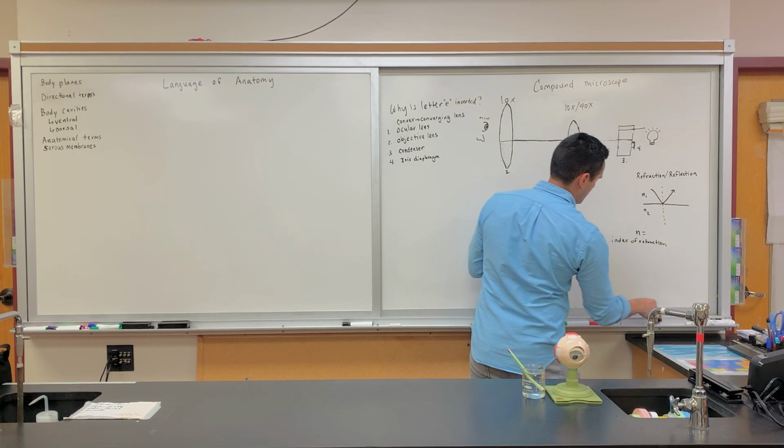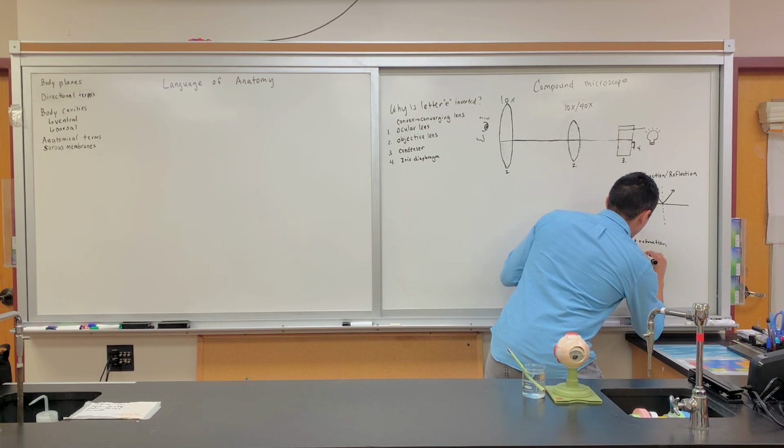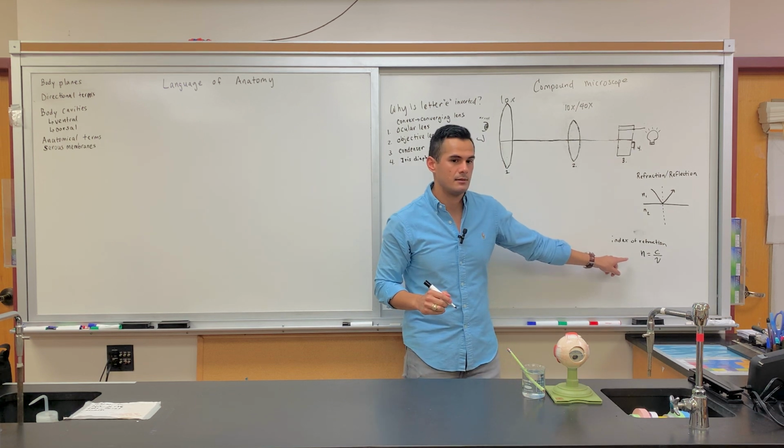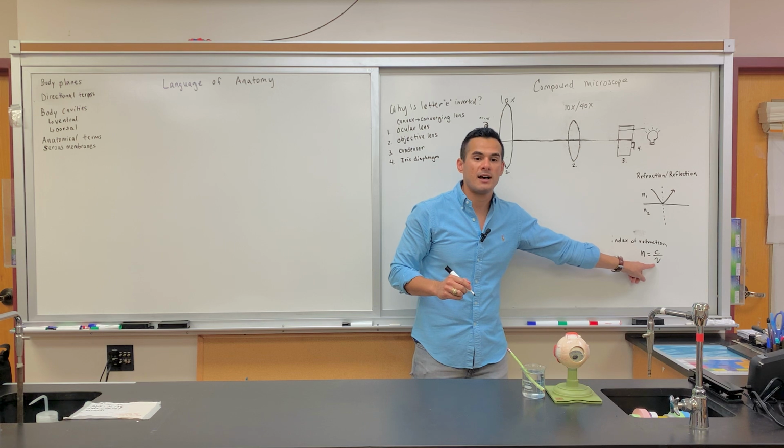So let me write this down here. So N is equal to C over V. So what does that mean? So C is the speed of light and V is the velocity that the light ray is traveling.